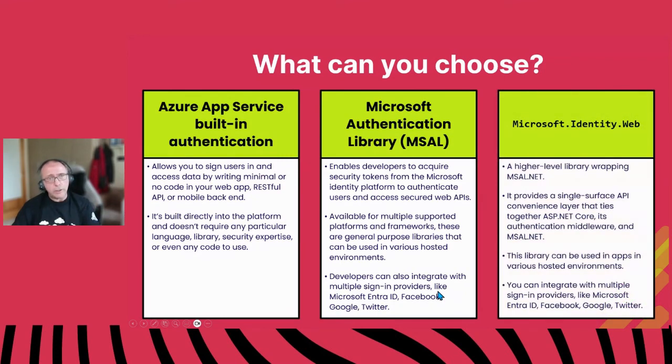If you are working on ASP.NET, so you are in the .NET world, you can use that package, Microsoft Identity Web, which is created on top of the Microsoft Authentication Library and gives you some other features, like controls you can put in the page and so on. But you need to use the second and the third if you want to write code. The first one is just configuration.